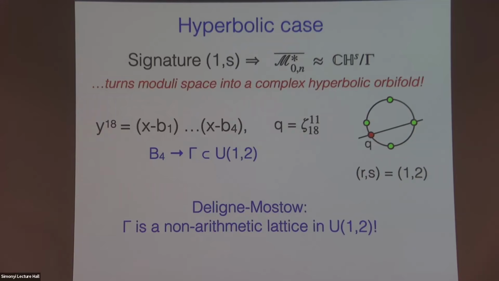Monodromy in general, for families of varieties, may or may not produce a lattice, it may or may not produce a discrete group, but when miraculously it does, there's no reason for that group to a fortiori be arithmetic, and indeed it's not. So this is one of the first and a very remarkable example of a non-arithmetic lattice in U(1,2), in the complex hyperbolic case.